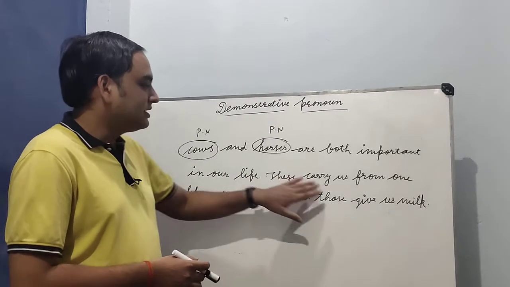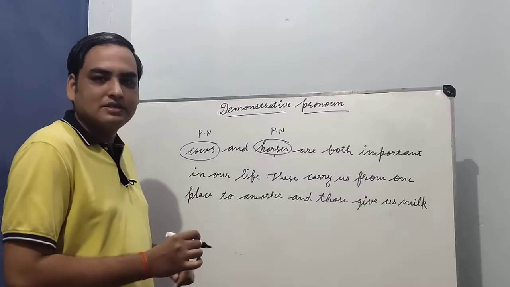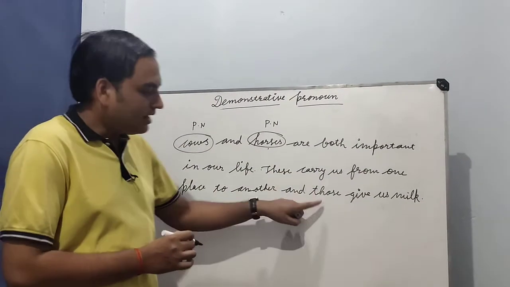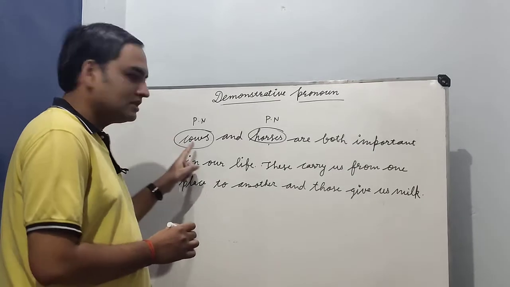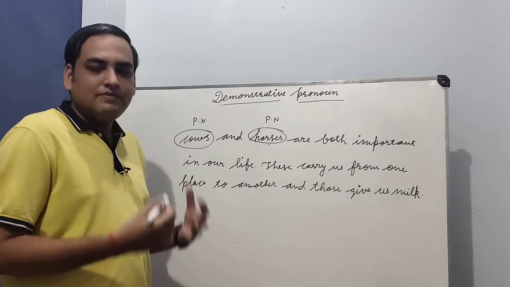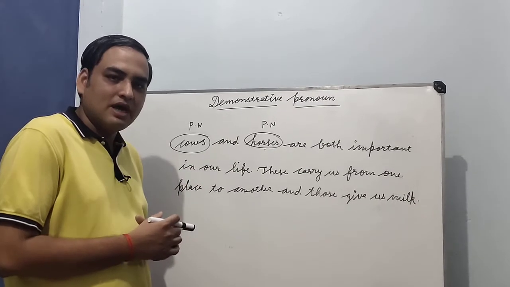These carry us means horses. We are talking about horses. These carry us from one place to another and those give us milk. Milk कौन देता है? Cow देती है. So it was the effective use of these and those in sentences, and we have learnt it.